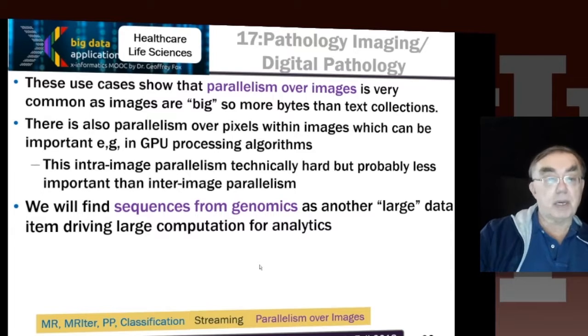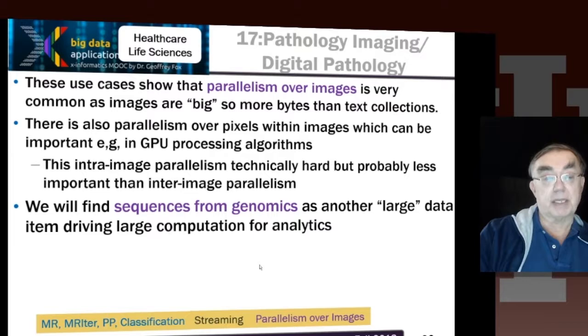As I point out here, parallelism over images is a critical big data case, and that's important just because images are bigger than text. When you have lots of pixels, the data is bigger, and there are sophisticated algorithms which take a lot of computing, and so text is much smaller in size.